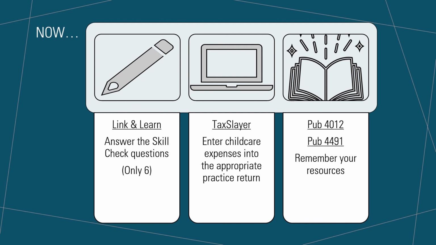You use the same link and you'll just notice on the cover that it says for 2021 returns. So a lot of these new temporary provisions for 2021 are now covered in the materials. And you can look at those to get any extra information or reminders about that.